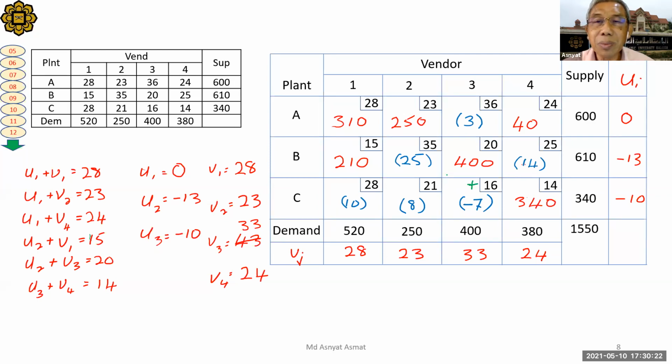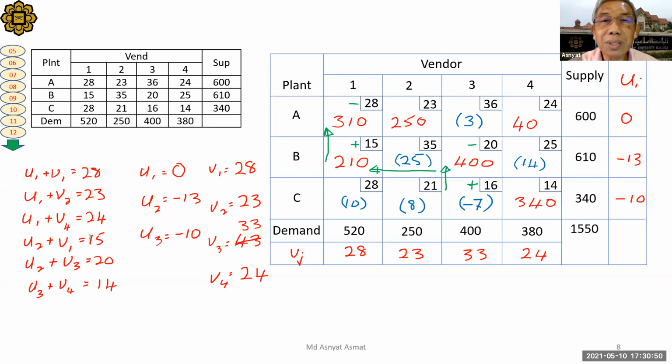We start from here, and then we draw the closed path in that direction, and put a negative sign here. Then we draw another path in this direction, put a plus sign, and then we draw another path going up.